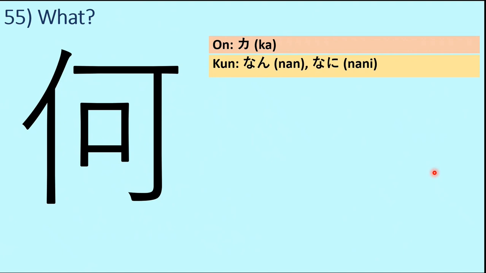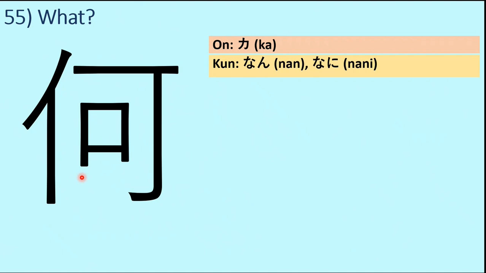And finally, number 55, the last one in today's lesson, is what. We have come across this when we were studying about what type of questions in the grammar section. If you have not done that lesson, please go back in this playlist and find out which lesson had these what questions.